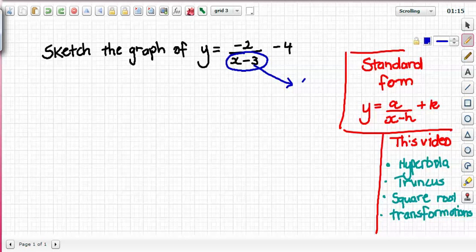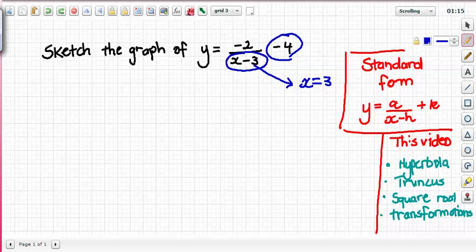That value is going to be x equals 3, isn't it? Now the important thing is that initially the rectangular hyperbola y equals 1 on x is going to have a horizontal asymptote at y equals 0. But by translating everything 4 units down, naturally that's going to move down as well.